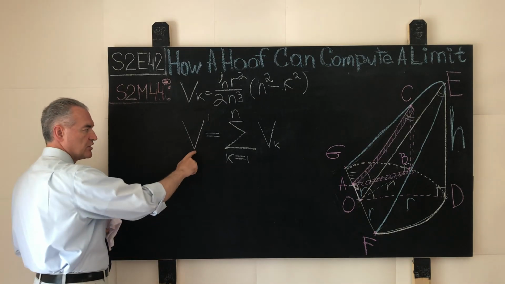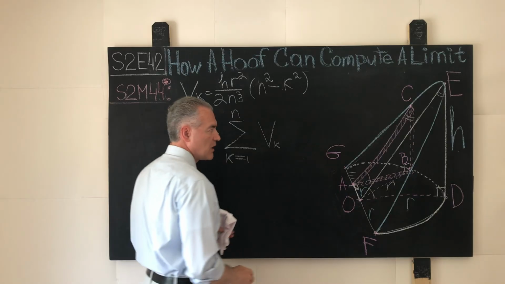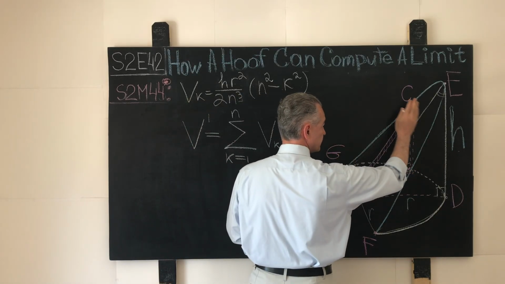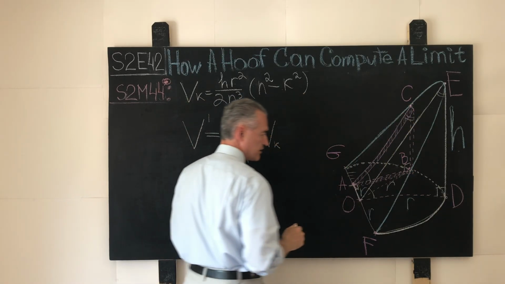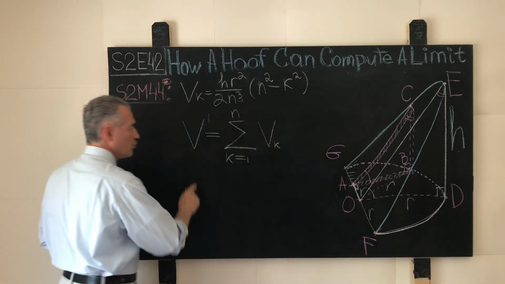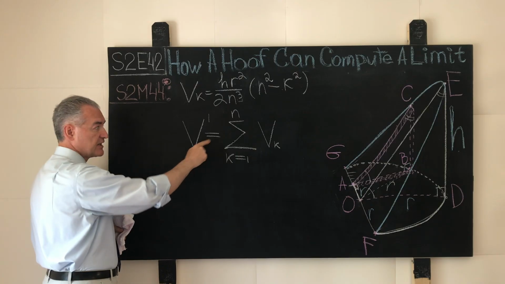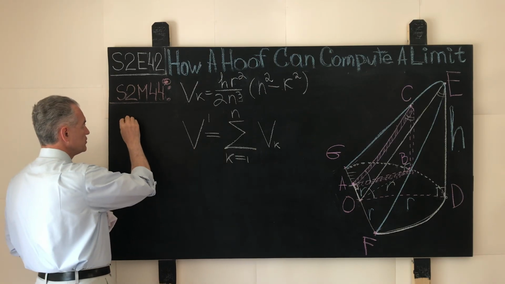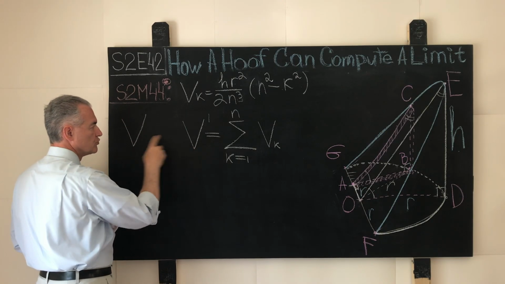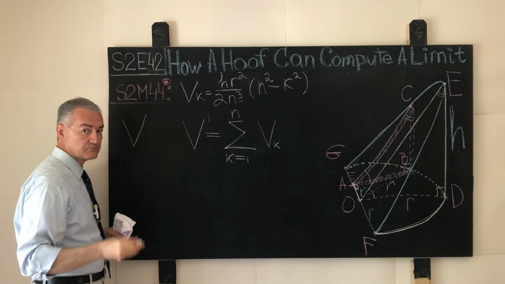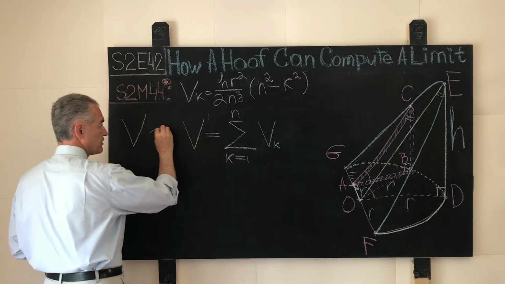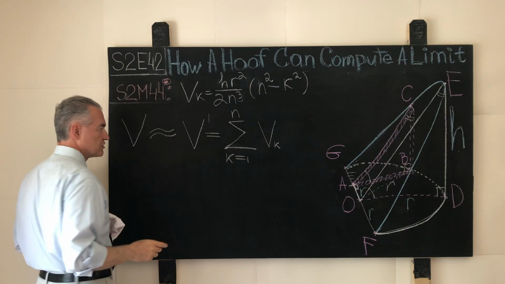Well, we will have a certain volume. This will model the volume of the half, in this case the left half, of the hoof of Archimedes. But what relation will be between this exact sum and the volume of the hoof? Those in the audience who said the approximate sign belongs over here are correct.